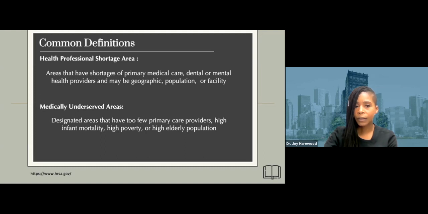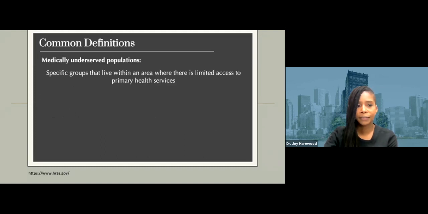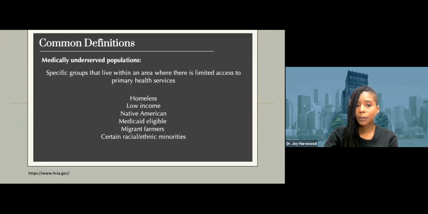Moving on to our next slide, we have medically underserved populations. These are specific groups that live within an area where there's limited access to primary health services. As per the definitions, that includes homeless, those with low income, Native American or Alaska Natives, Medicaid eligible, migrant farmers, and certain racial and ethnic minorities.